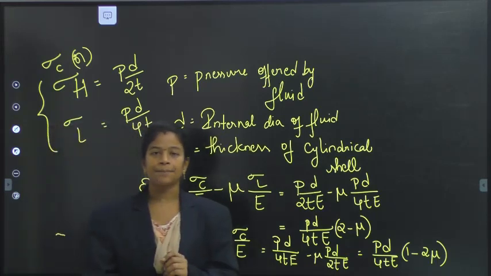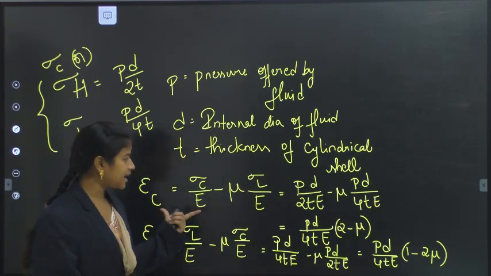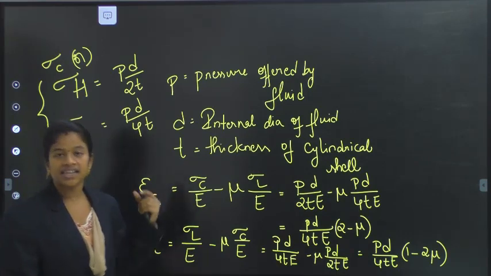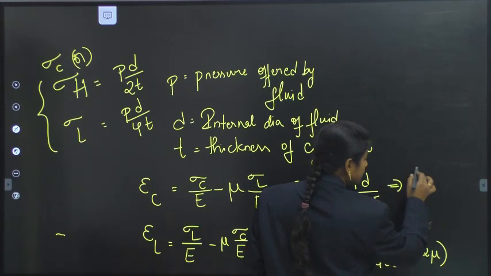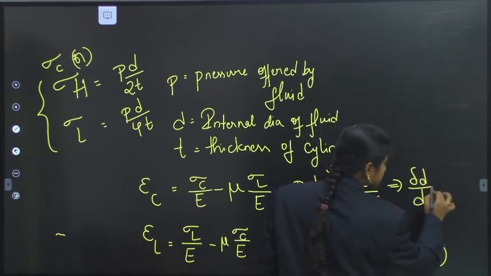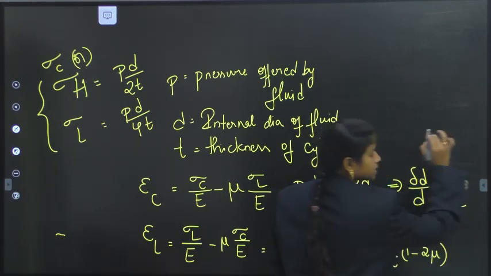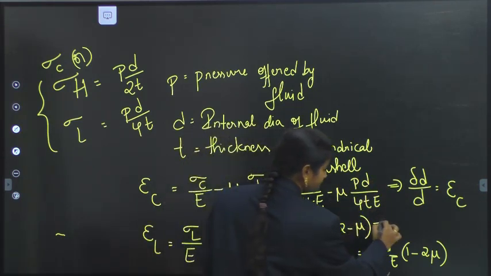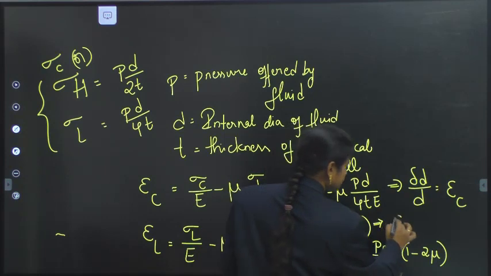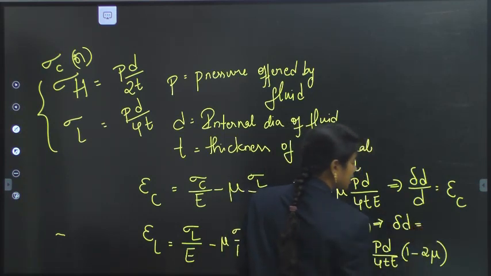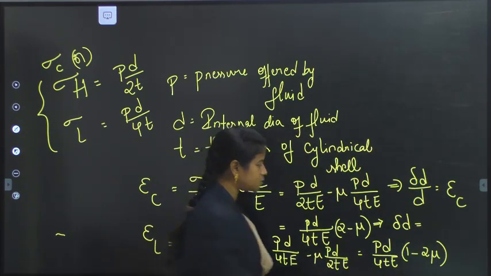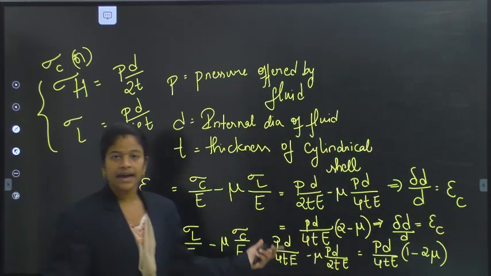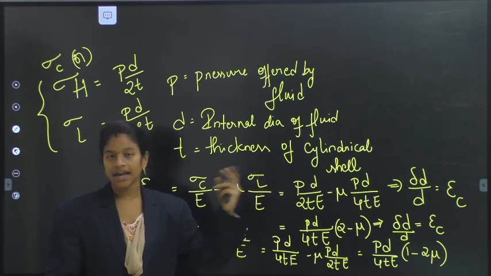When these things are happening, the circumferential strain is causing a change in the diameter. That's why I can equate delta D by D equal to the circumferential strain. With the rearrangement, from this condition you can develop delta D, the change in the diameter formula.